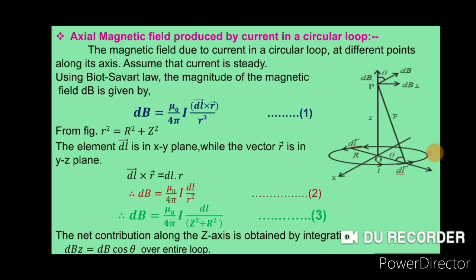This can be easily seen from diametrically opposite elements dl bar, which give dB perpendicular opposite to each other. Hence, only the z component remains. Therefore, the net contribution along the z-axis is obtained by integrating dBz equal to dB cos theta over the entire loop.